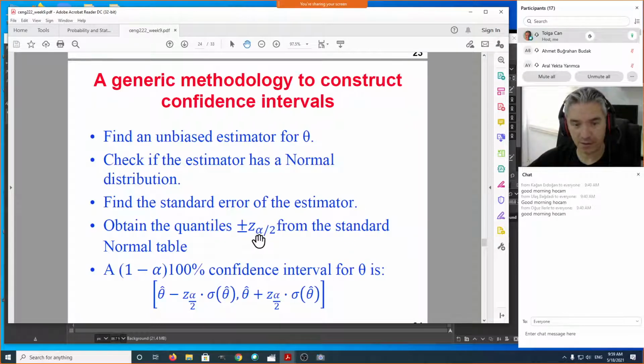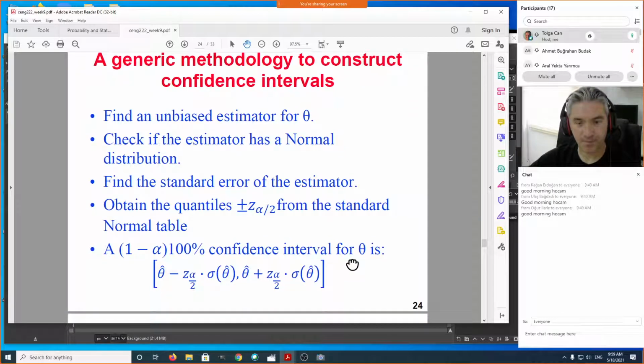Instead of obtaining the quantile Z alpha over 2, we will be looking at T alpha over 2 from the student's T table with another parameter, the degrees of freedom, which we will see when we come to that distribution. So this is our X bar, for example, for the population mean, plus or minus Z alpha over 2 times the standard deviation of the estimate, which is the standard error. This is the margin.